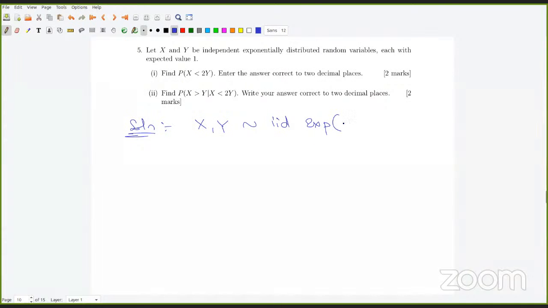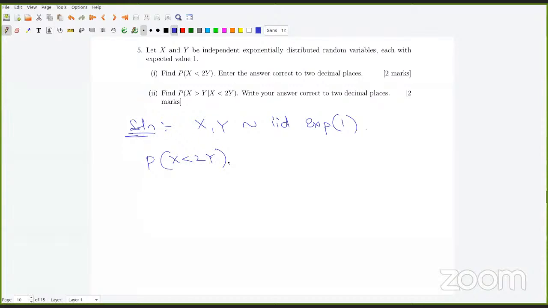Expected value is 1, so 1 by 1, which is 1. So here it is said that X and Y are IID exponential 1. What we have asked you to find is the probability that X is less than 2Y. So what is the first and foremost step to be followed in order to answer this question?